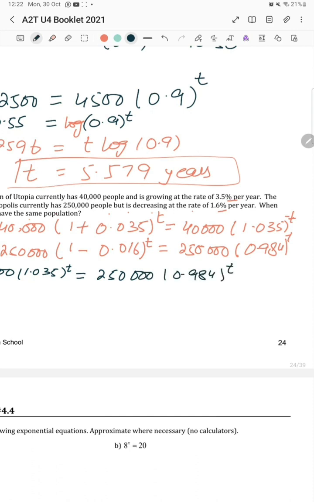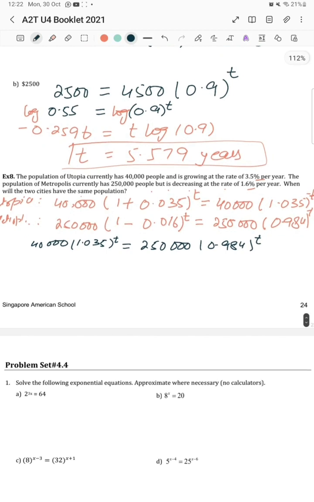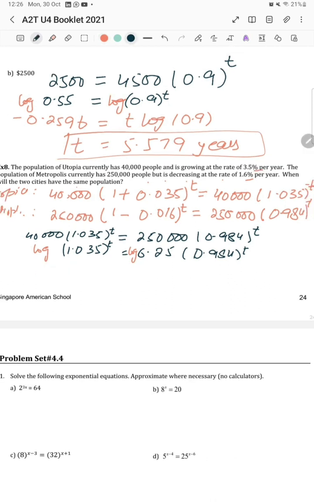So 25,000 divided by 40,000 is 0.625 and we solve this. By solving this, we will get t is equal to 36.267 years.